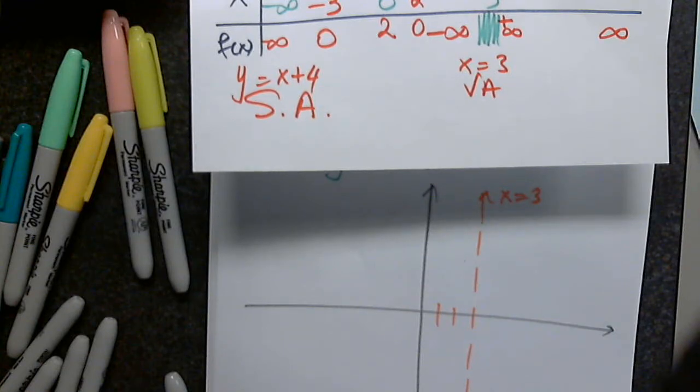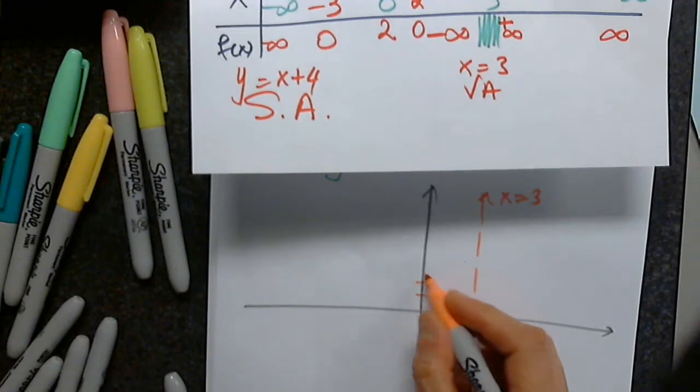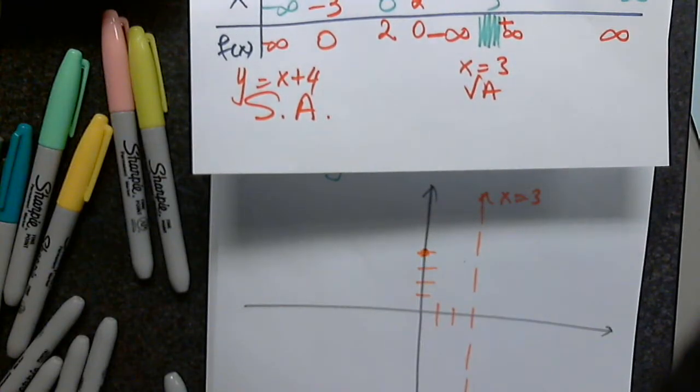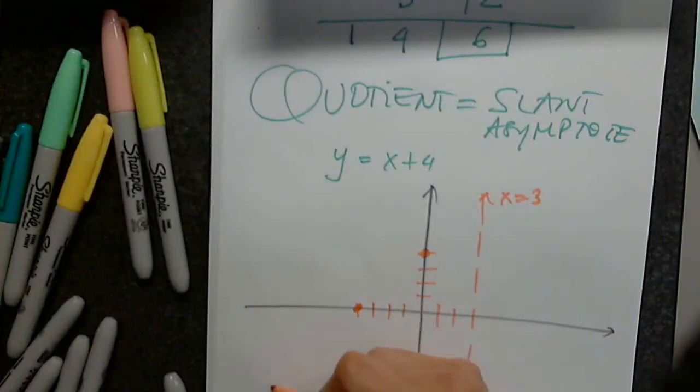When x is 0, how much is y? 4. Good. So 0, comma 4. When y is 0, how much is x? Negative 4. So this is my slant asymptote.